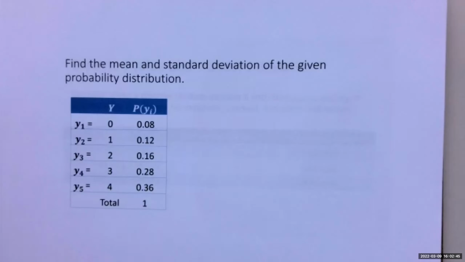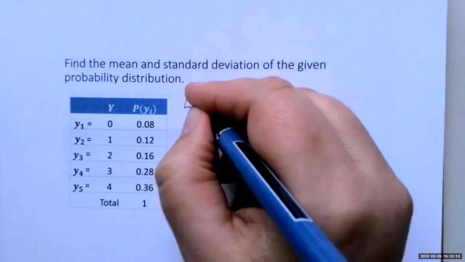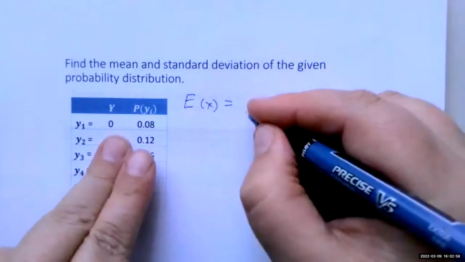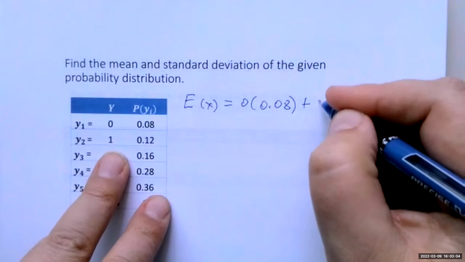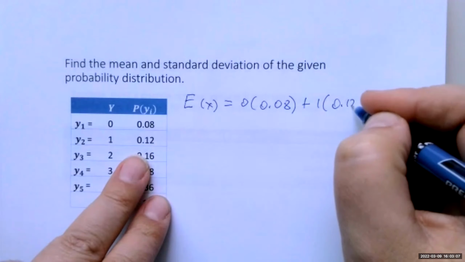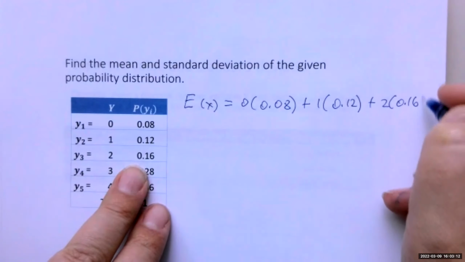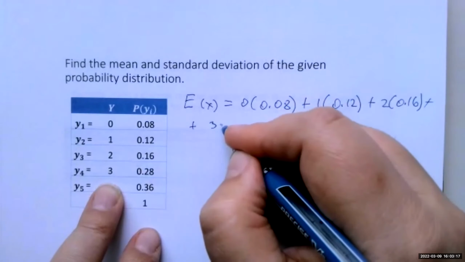So the mean, or the expected value, is just the sum of the products: 0 times its probability, plus 1 times its probability, plus 2 times its probability, plus 3 times its probability, plus 4 times its probability.